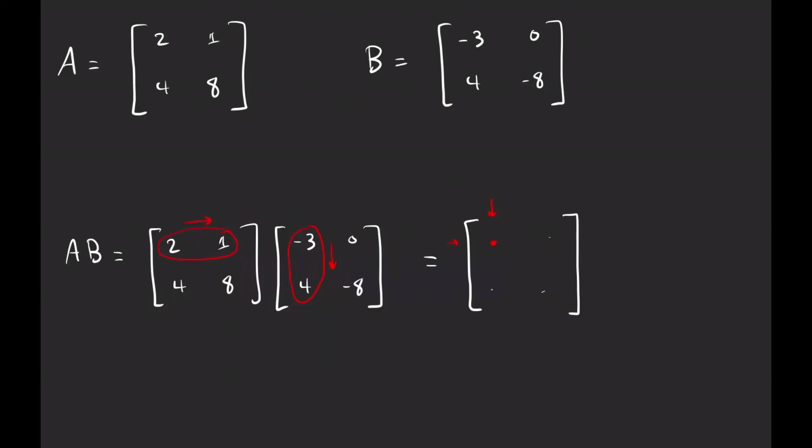All that it says to do here is we are going to take 2 and multiply it by -3. I'm going to actually write this out. So 2 times -3. We're going to take the 1 and the 4, and we're going to multiply them. And then I just add these together.